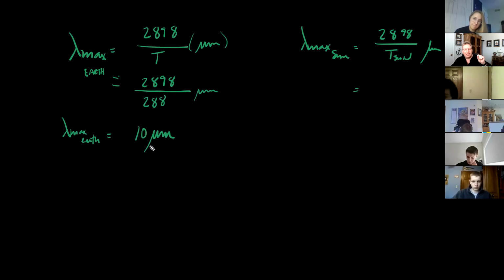If it's 20 times warmer, then lambda max would be 20 times smaller. What's 20 times smaller than 10 micrometers? 0.5 micrometers. Are you following me?